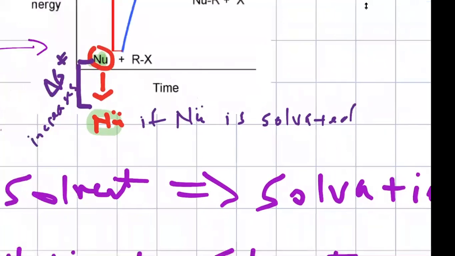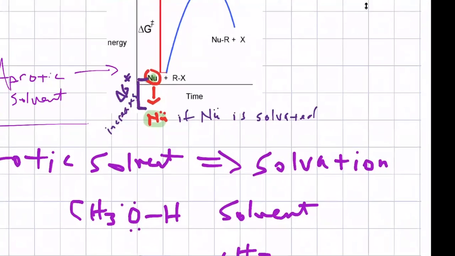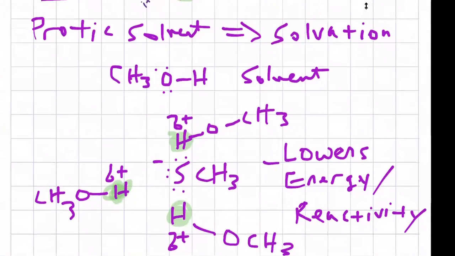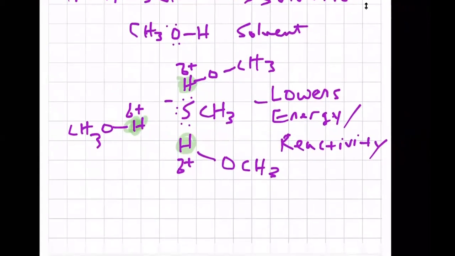So that's why, if you're trying to do it with an SN2 type mechanism, it needs to be done in an aprotic solvent. Otherwise, it's going to be much slower.